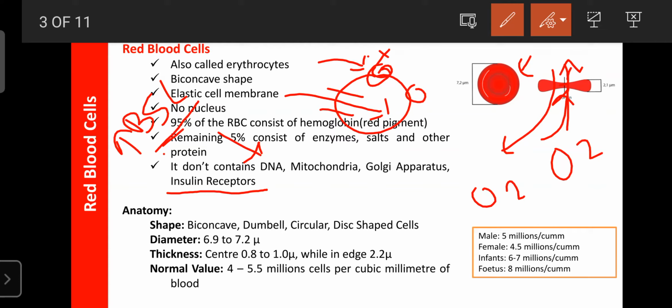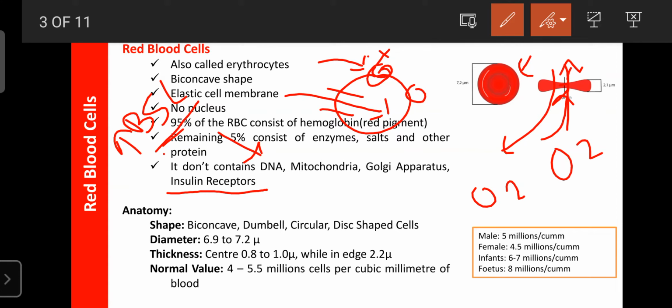If it is 4 to 6 million, it is also the normal range. In the female, the annual average is 4.5 million per cubic millimeter of blood. In infants it is 6 to 7 million, and in the fetus it is 8 million per cubic millimeter of blood, because the growth rate is more.